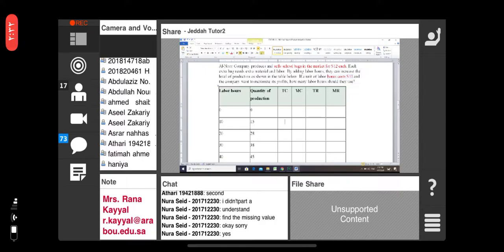Let's start, again, with quantity 0 as I told you. When I have 10 labor hours, I have a quantity produced. The question told me in the beginning, I produce and sell school bags in the market for $12 each. What does that mean? What do you mean I sell this product for $12?